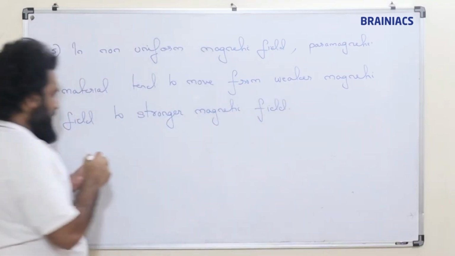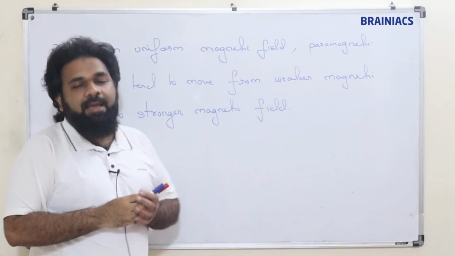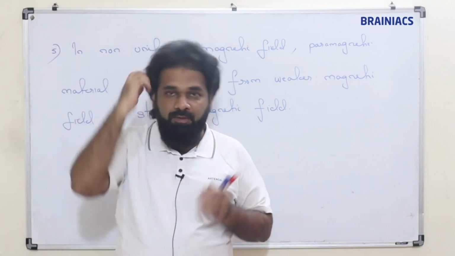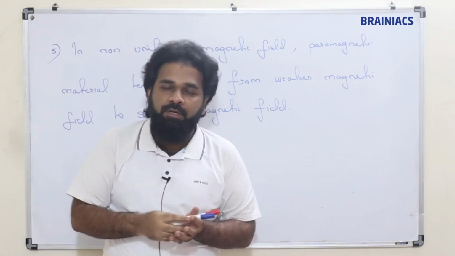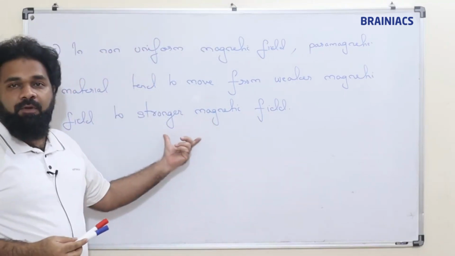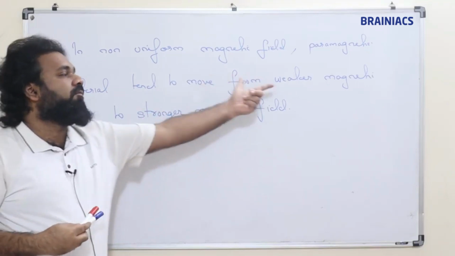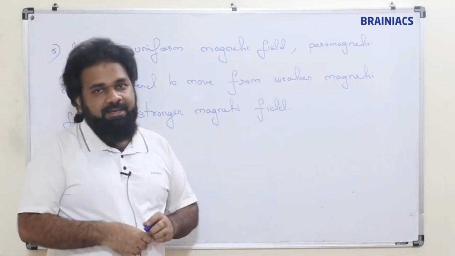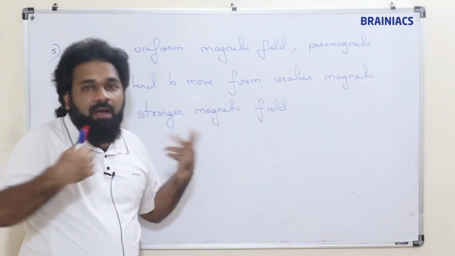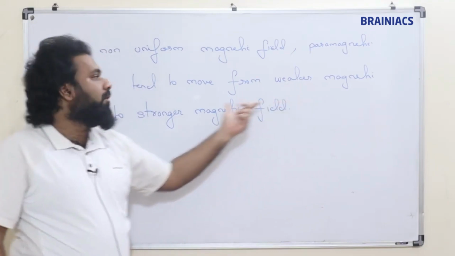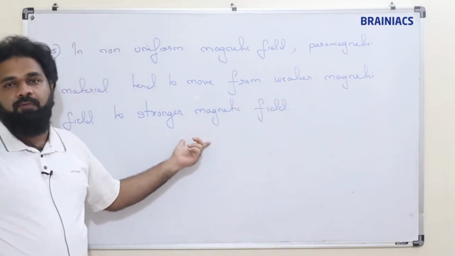Okay, why? Because diamagnetic was repulsion, but paramagnetic means attraction. The attraction is more in the stronger magnetic field, so it will tend to move from weaker magnetic field to stronger magnetic field. It doesn't actually move, but it will have the tendency to move from weaker to stronger magnetic field.